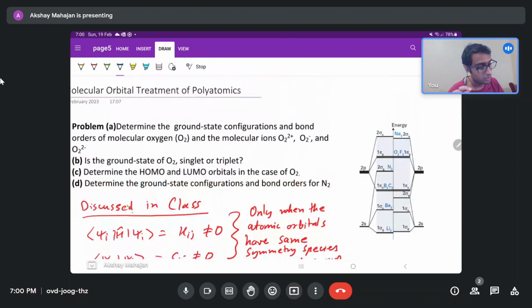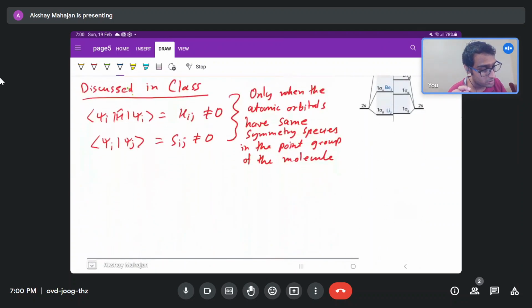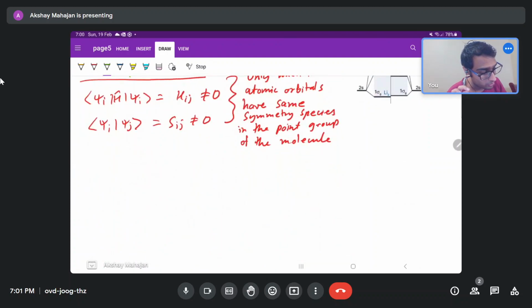Our problem is basically to determine the ground state configuration and bond order of molecular oxygen. So let me also give an intro on what bond order is. Bond order for this problem, let us see what bond order is.